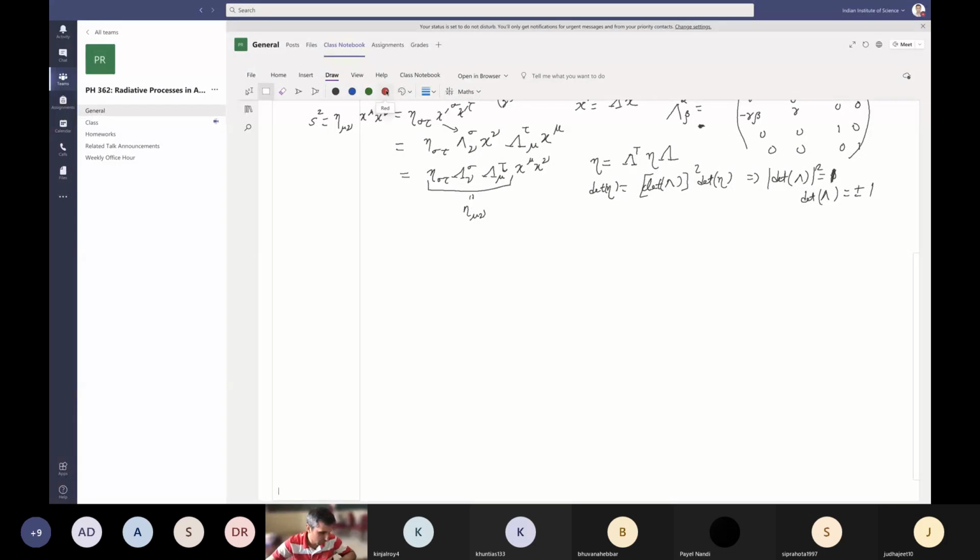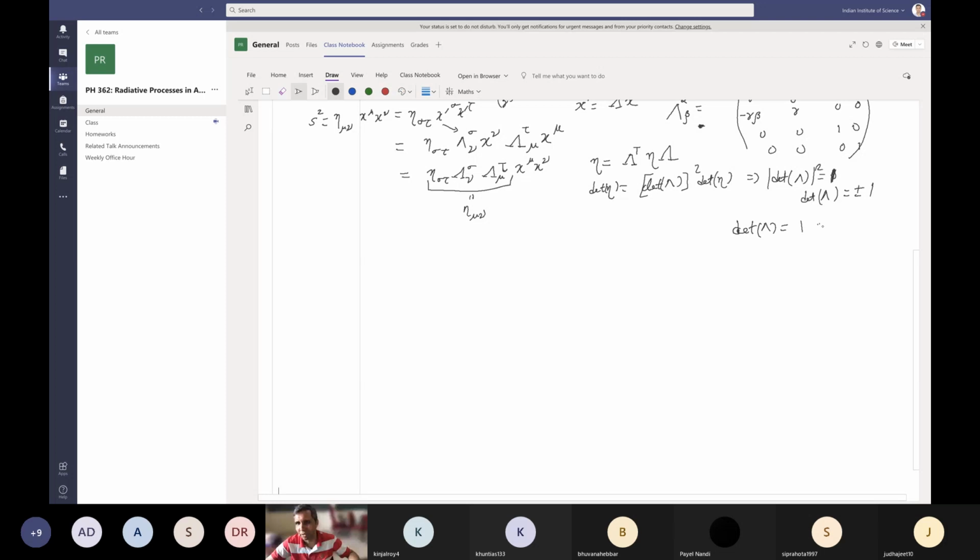Okay, so similarly, we can choose the determinant of lambda equal to 1. This rules out reflection, so we don't include reflection in the transformations that are allowed.